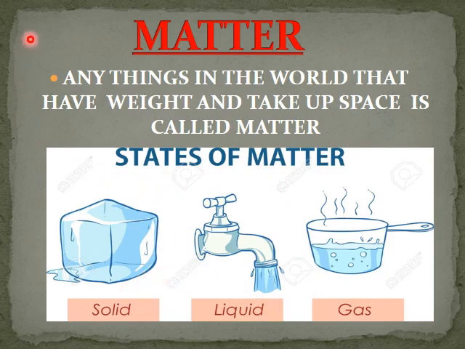So there are three states of matter. Number one solid, number two liquid, and number three gas. Anything in the world that has weight and takes up space is called matter.